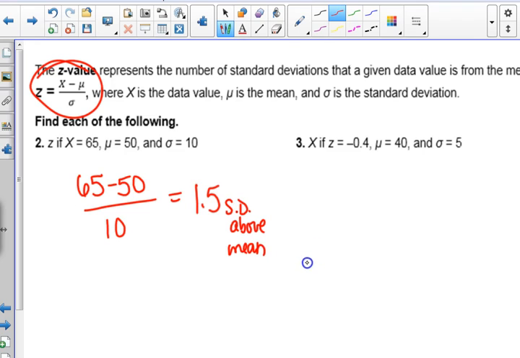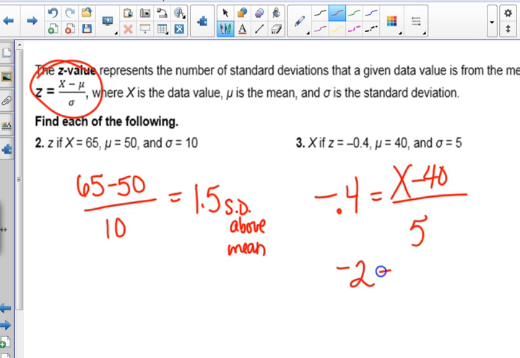Okay? This one says, what if you had a z-score of negative 0.4 when the mean was 40 and the standard deviation was 5? What was the score you had? You guys are algebra literate. Yes, you can work this backwards. This would be negative 2, is that right?